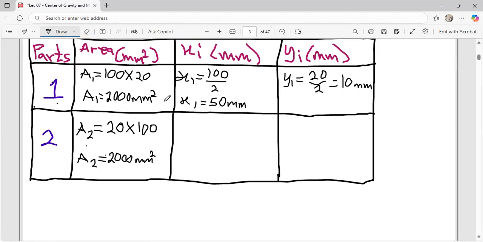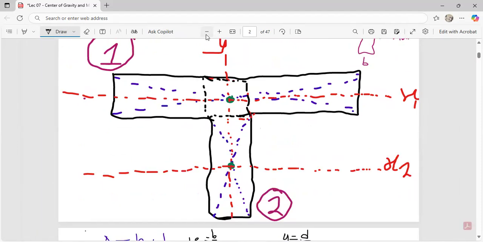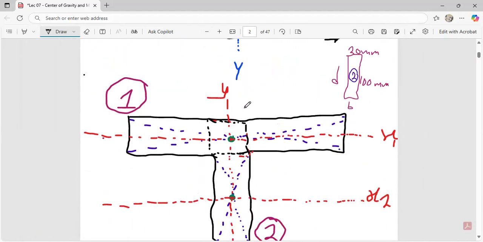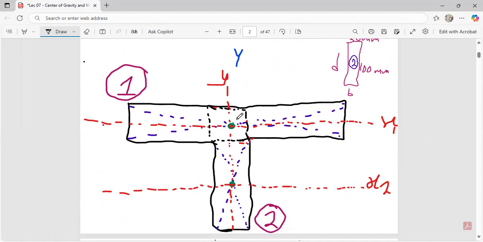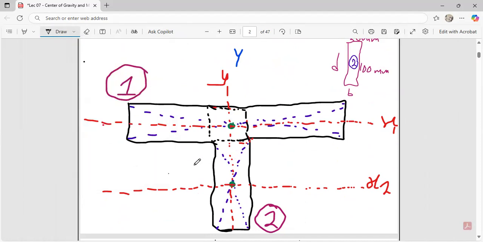Because their center of gravity intersects, the center of gravity of part 1 and that of part 2 intersect. You can see them over here, this guy and this guy intersecting. Because they intersect, it means that if x1 is equal to 50, x2 will also be equal to 50.